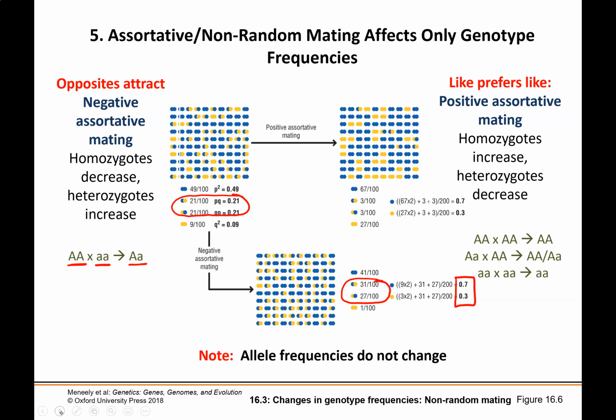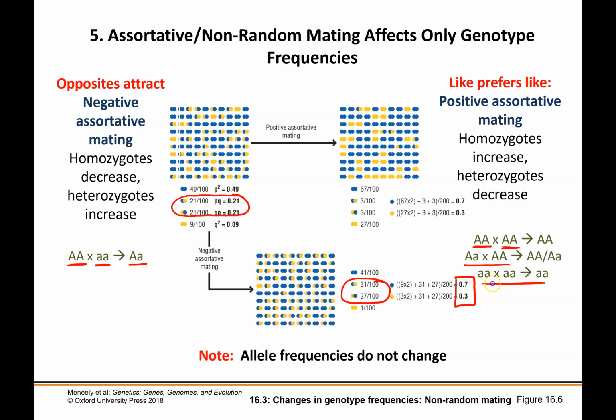In positive assortative mating, individuals who have one phenotype are choosing individuals who have the same phenotype. So that can be homozygous choosing homozygous or homozygous choosing heterozygous.